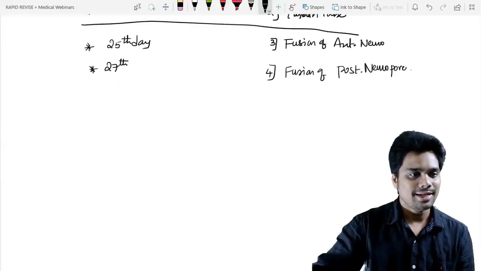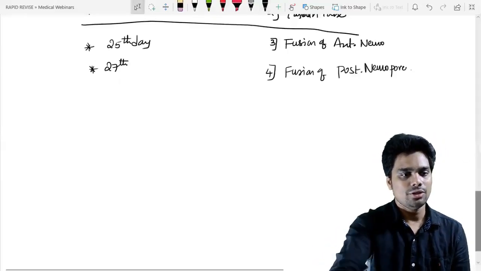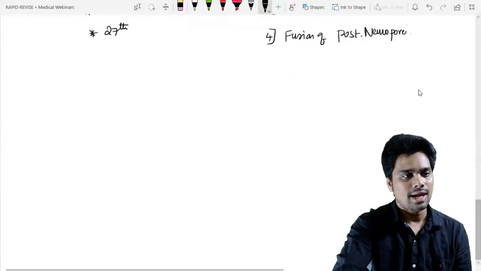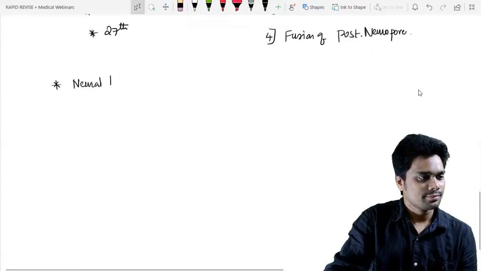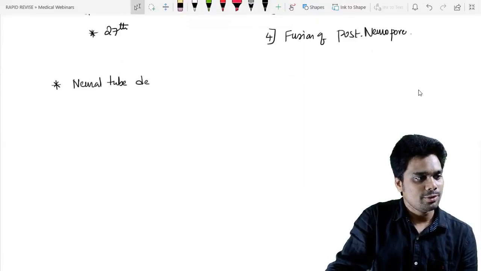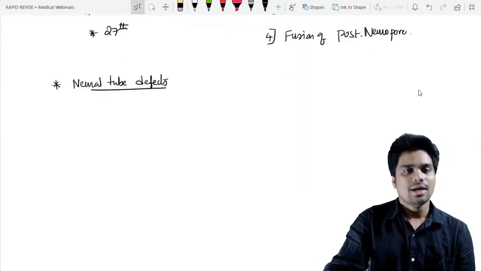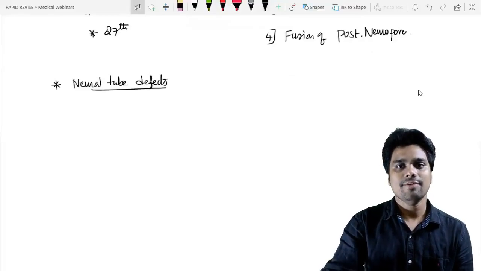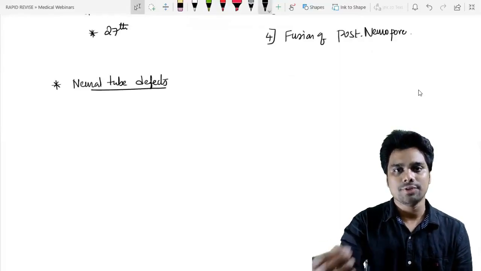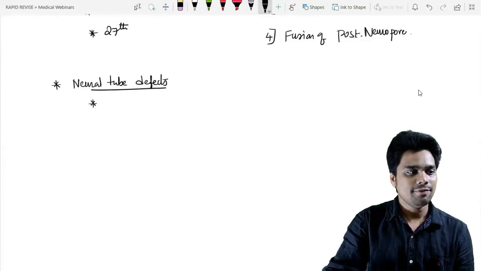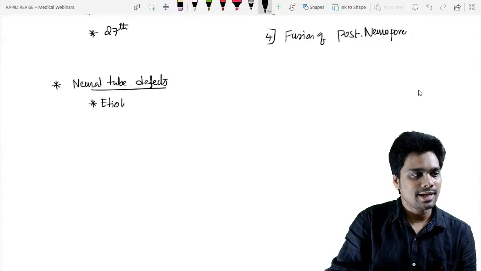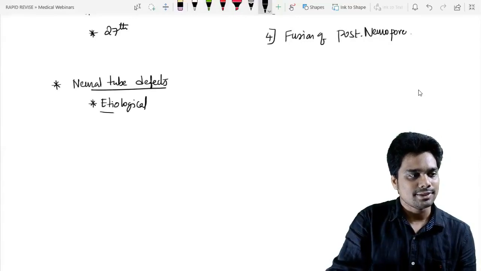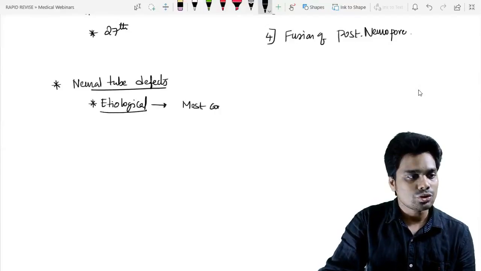After understanding the development of the neural tube, let us start the clinical aspects. As I already told you, neural tube defects develop due to improper fusion of the neural tube, and there are different varieties. Before going into the details, let us understand the etiological aspects.